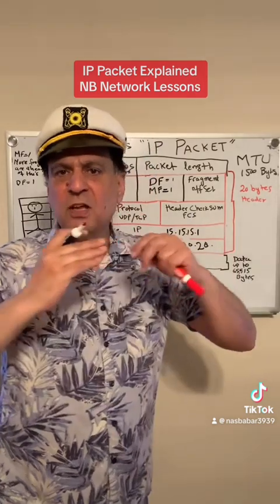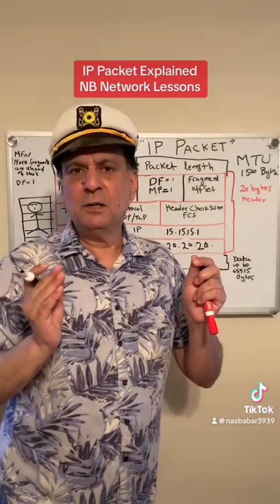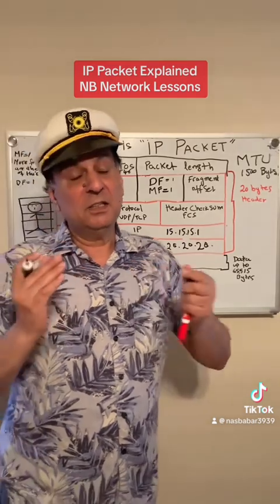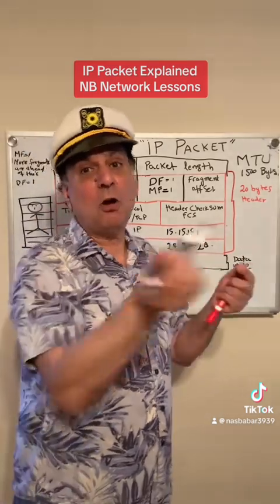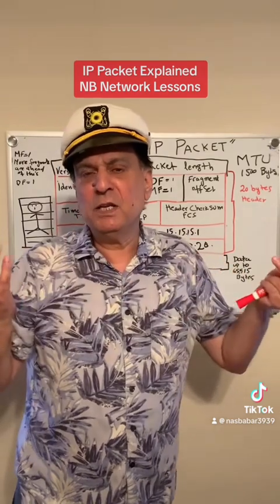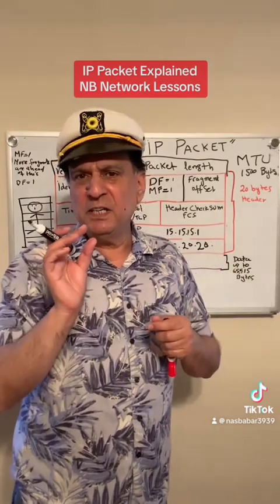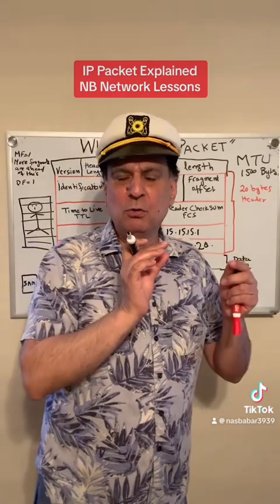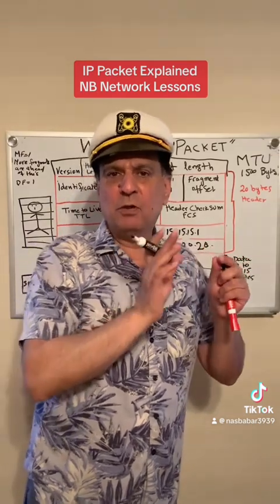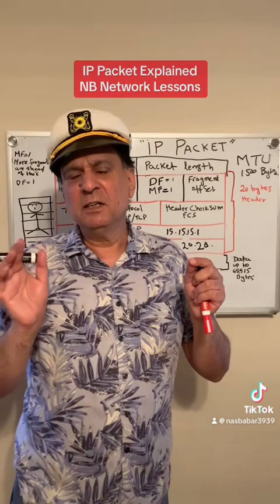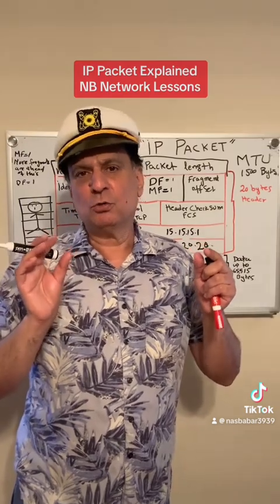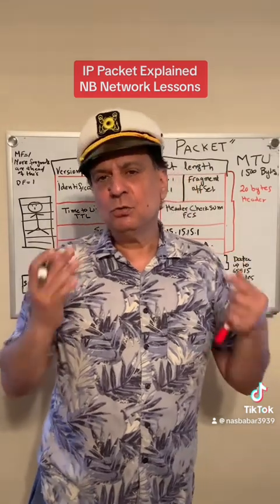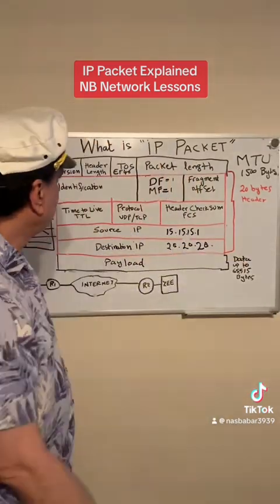This is designed to avoid loops, because if you don't have a TTL, there is a chance that the packet can get lost and you can never find it. But if you have a TTL, there is a mechanism by which you can find out, okay, I've received a time to live exceeded, so I know what's going on. So that's designed to prevent any sort of loops in the network.